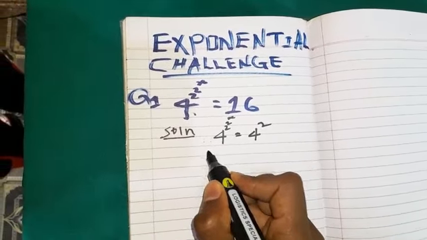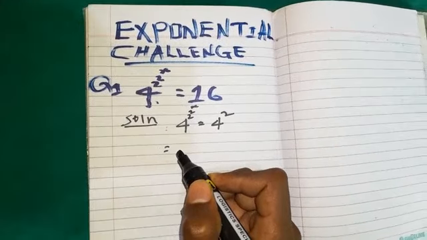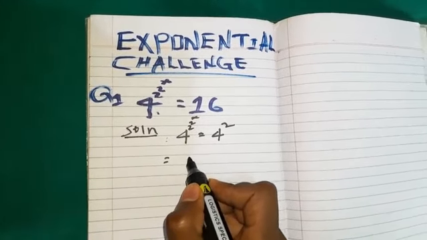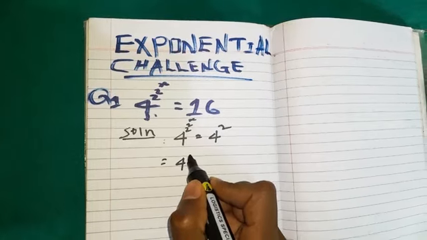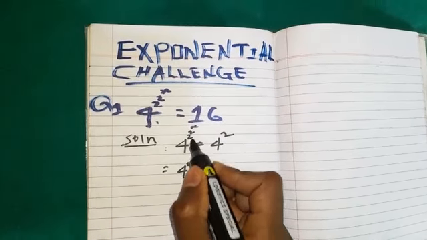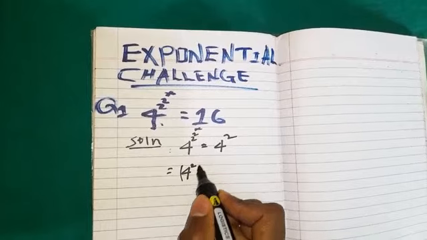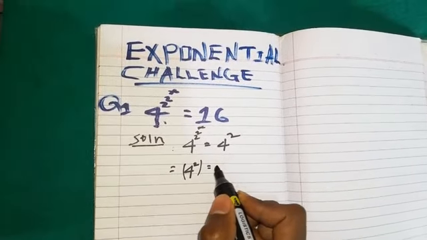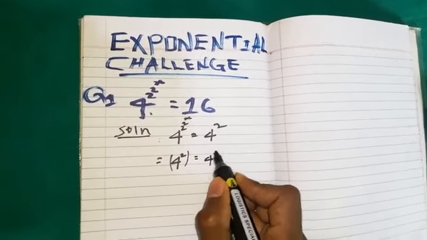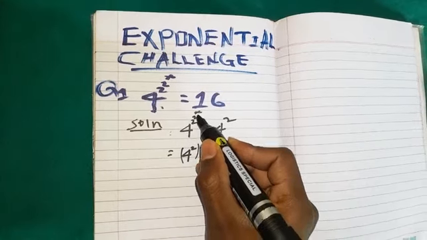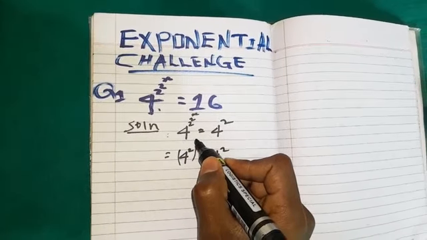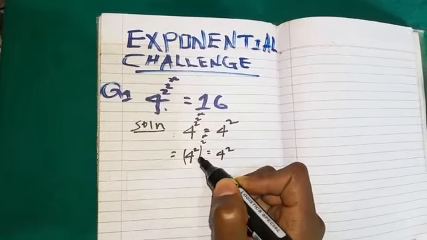Then we separate this equation. 4 to the power of 2, then to the power of x, is equal to 4 to the power of 2, then 2 to the power of x.